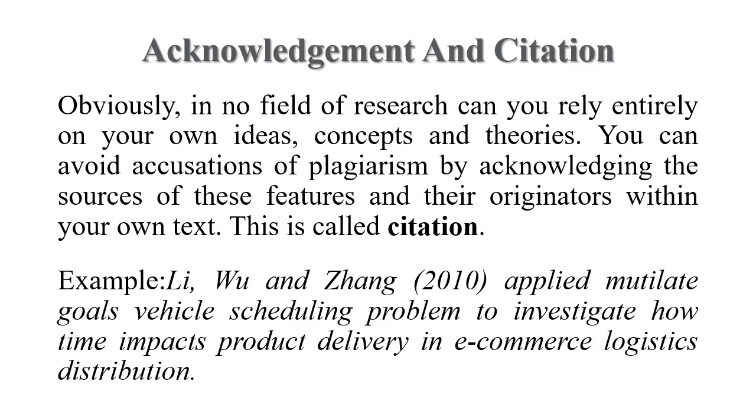Acknowledgement and citation. Obviously, in no field of research can you rely entirely on your own ideas, concepts, and theories. You can avoid accusations of plagiarism by acknowledging the sources of these features and their originators within your own text. This is called a citation.